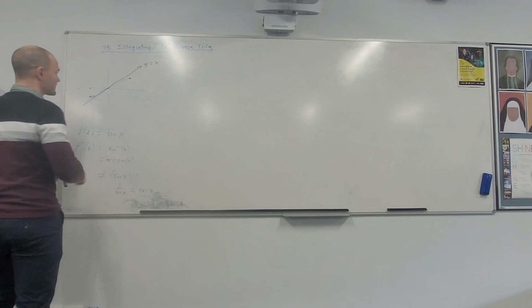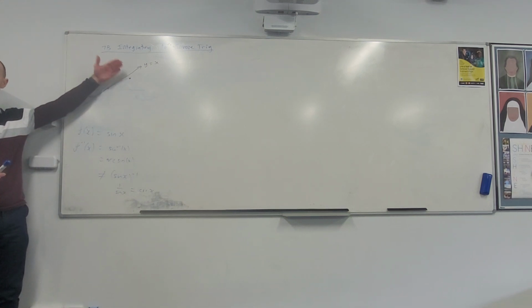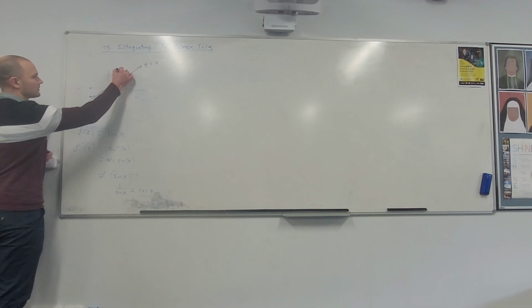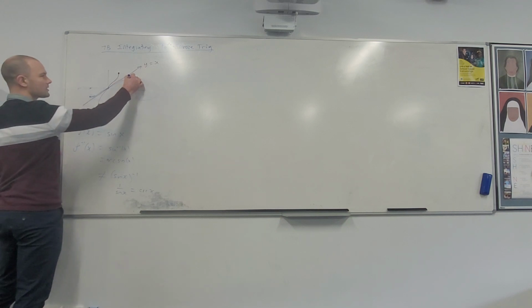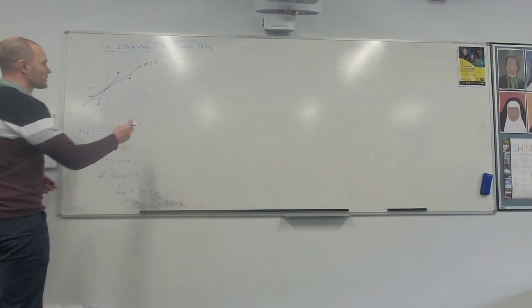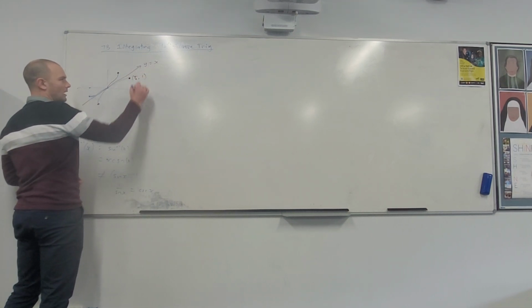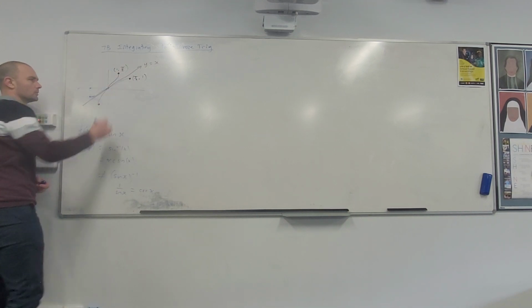So if I'm going to sketch the inverse of this function, all we're doing is a reflection about the line y equals x. So I'm going to sketch this up here like this, and I'm going to sketch this down here like this. Now these coordinates, remember, for an inverse function, the x and y coordinates just swap. So if I've said this is x is pi on 2 and the y value is 1, then the coordinates here are going to be 1 and pi on 2.